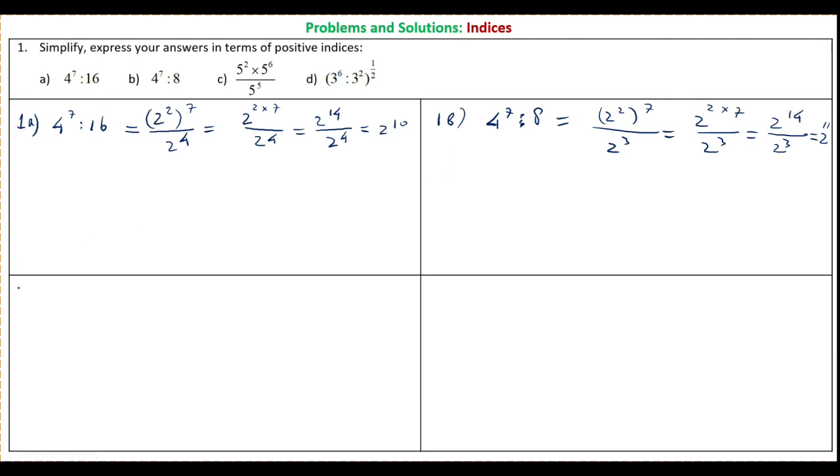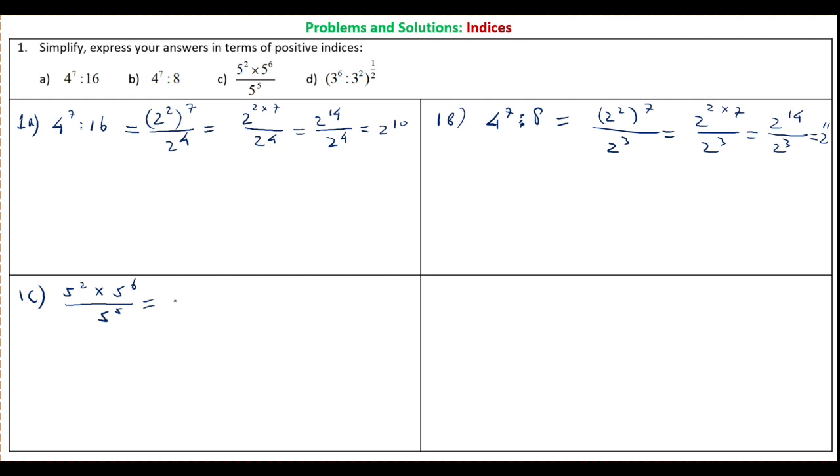For 1c, 5 squared times 5 to the 6 divided by 5 to the 5. We have all the same base here, 5, 5, 5, so we can use the index laws. The numerator involves multiplication, so we just add the indices to get the result.